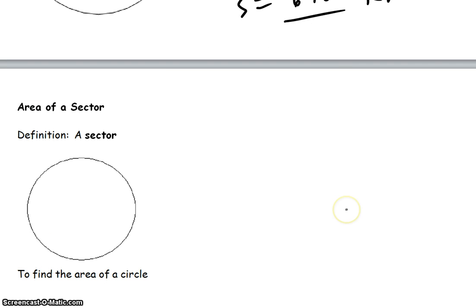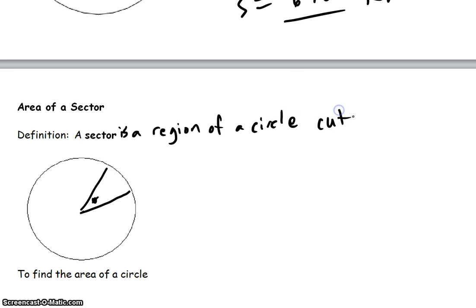Now, if we are to find circumference, we can also talk about area too. And what I want to define is this idea of what's called a sector. Now, if we have this central angle, imagine, if you will, a circular piece of pie, you have a piece of pie. A sector is just a region of a circle cut by a central angle.